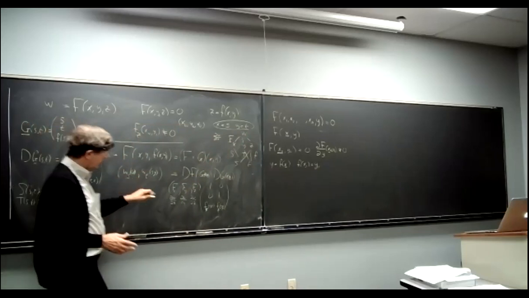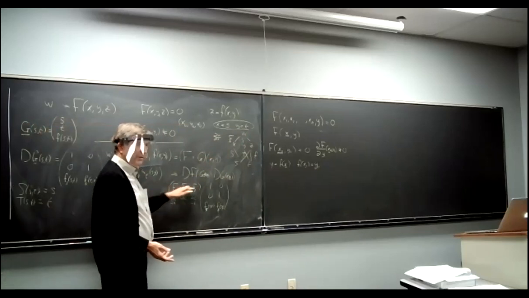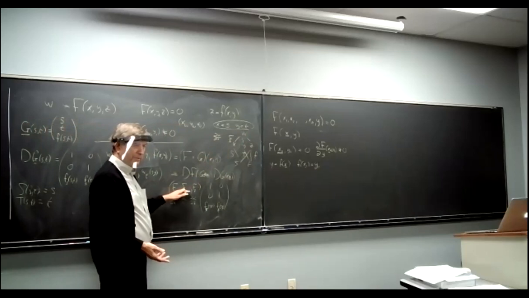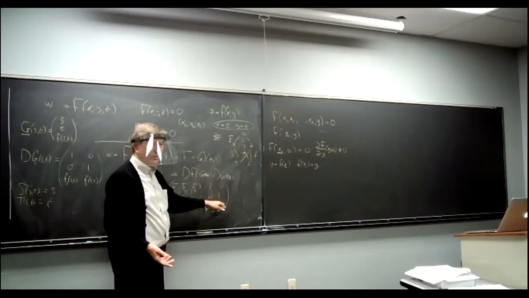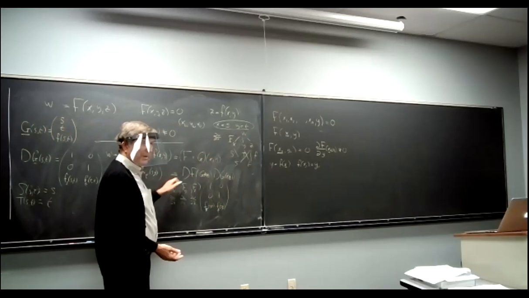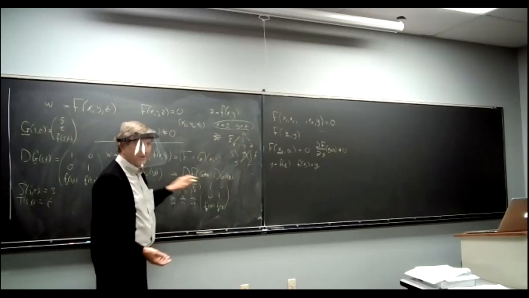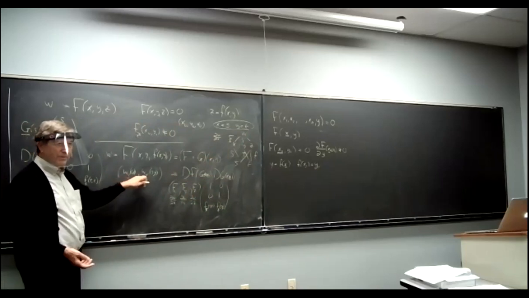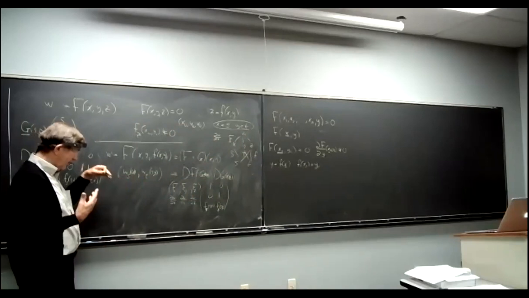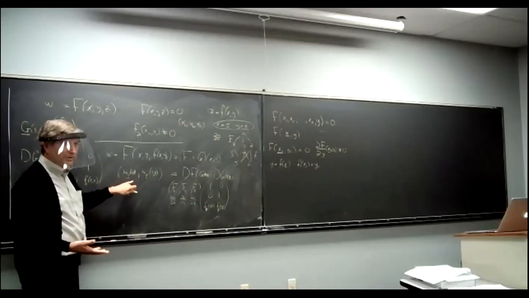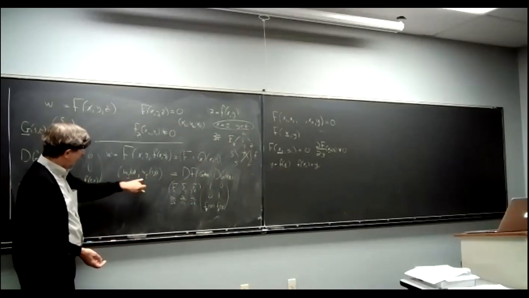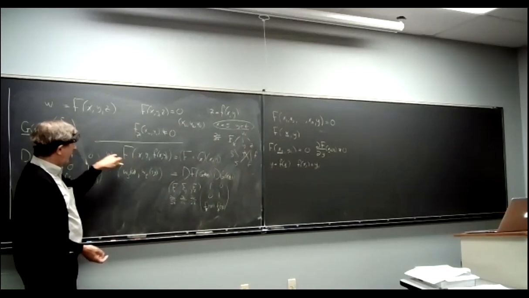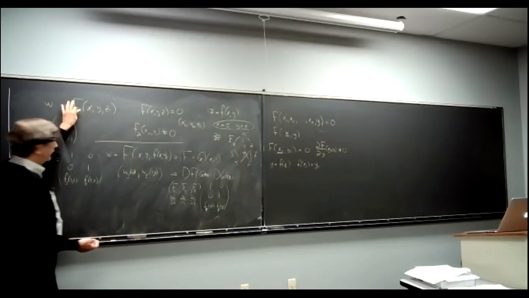Let's see if it works. This is a 1 by 3 vector or matrix. This is a 3 by 2. When you put a 1 by 3 with a 3 by 2, you get a 1 by 2. That's why this is w sub s and w sub t. And once I get this all done correctly, you'll see why I changed it to s and t here. I'm using s and t here and x and y for the function of 3 variables.